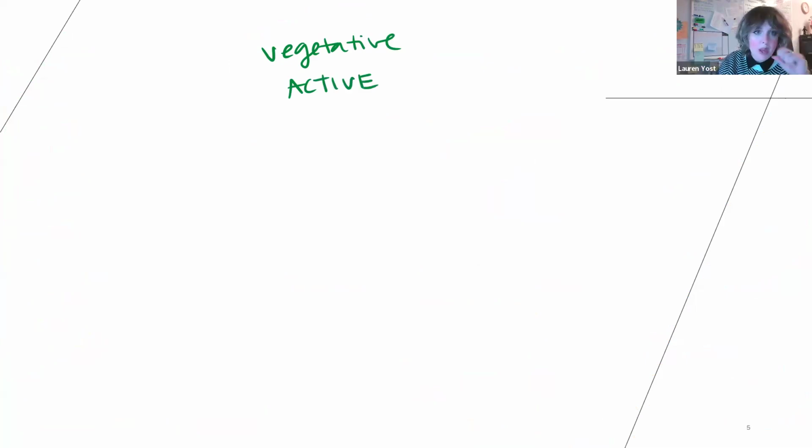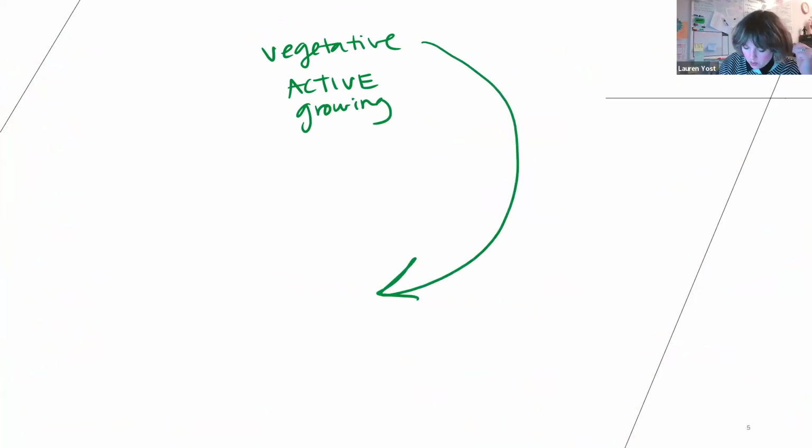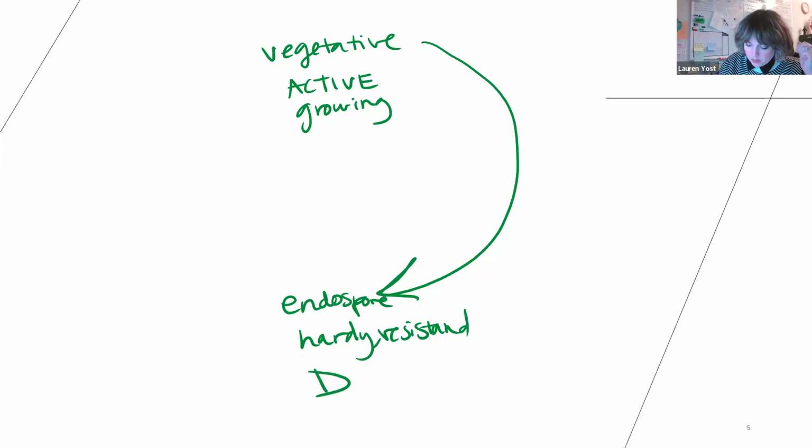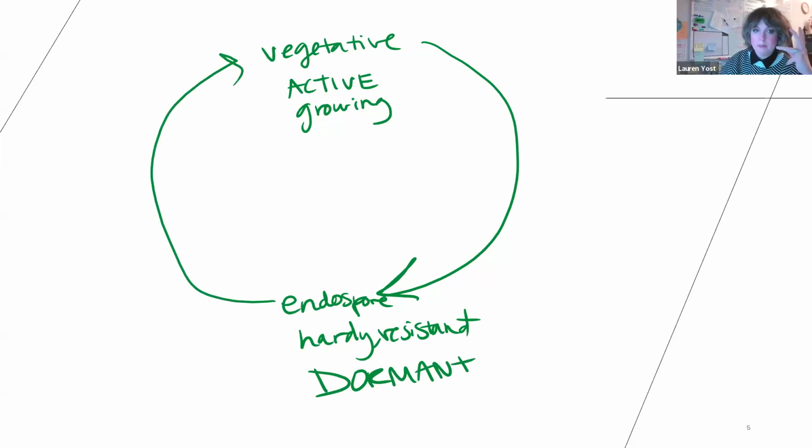You are multiplying, you are metabolically active, you can make toxins, you can cause infections, and you can grow. Then you can turn into an endospore. You are hardy and resistant, but you are dormant. And you can switch back and forth between them.